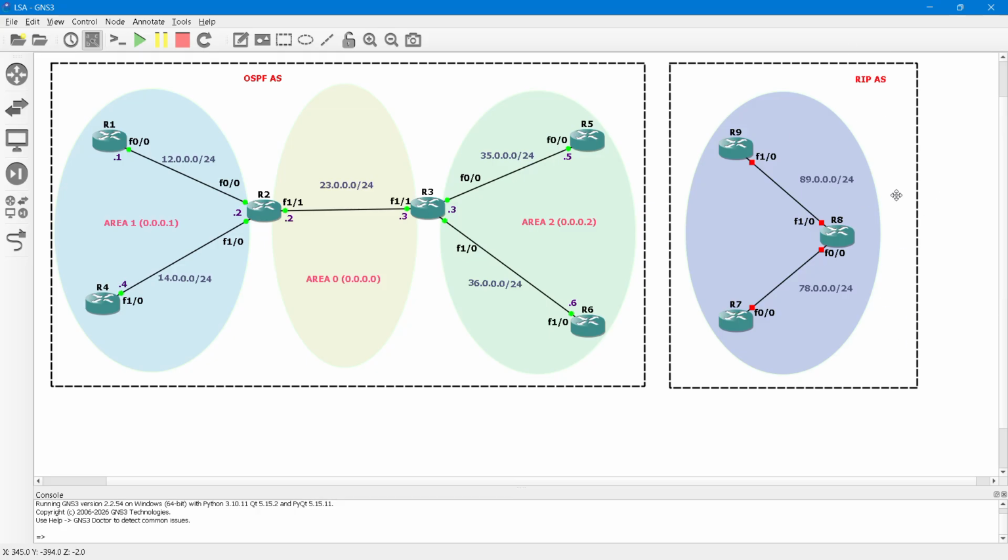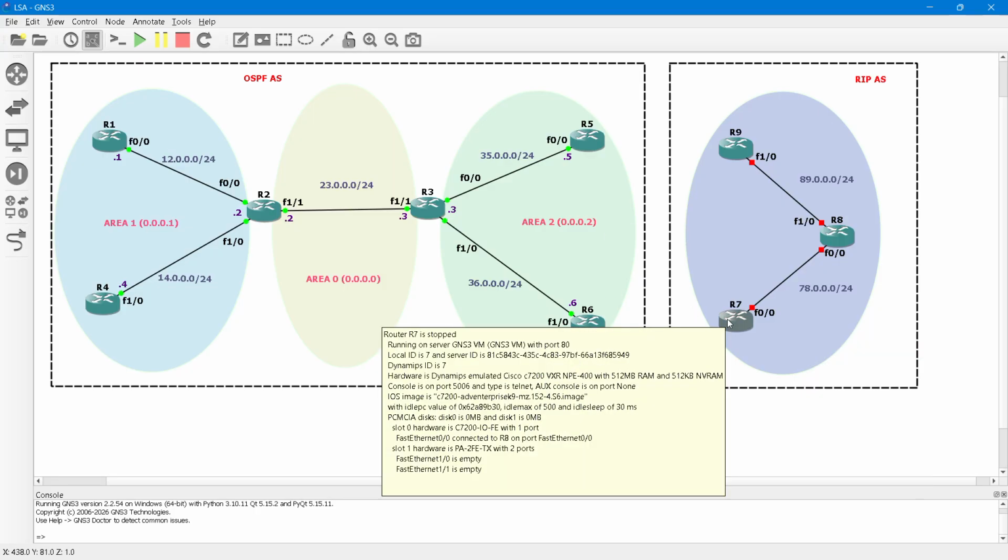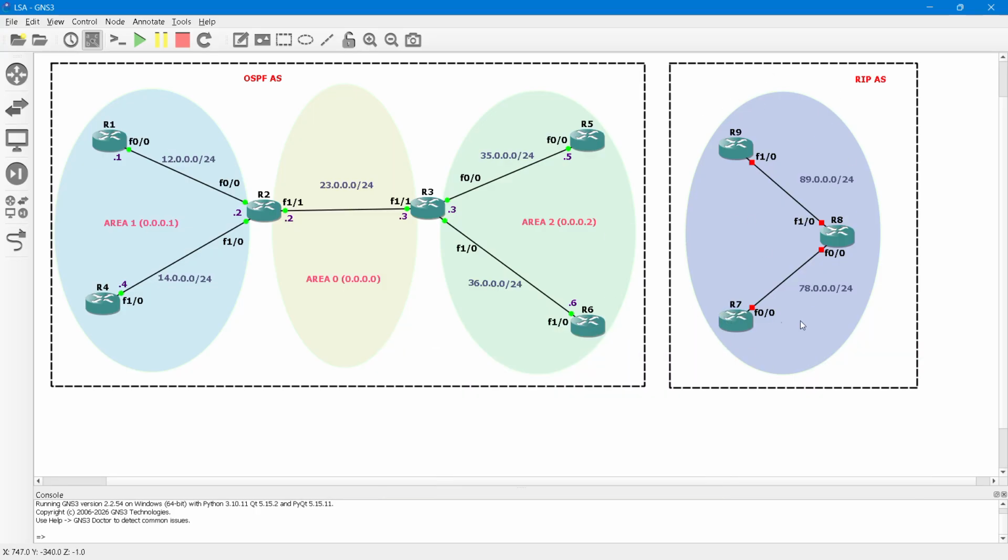Now let's suppose I want R6 to communicate with R7, which is in the whole network working under the RIP protocol. So for that I will connect R6 to R7.